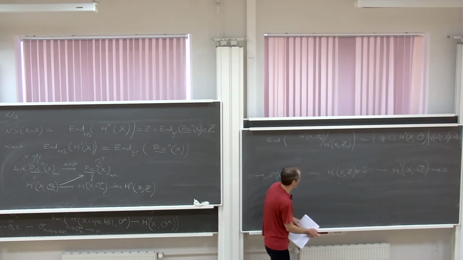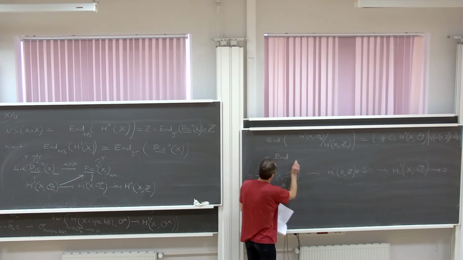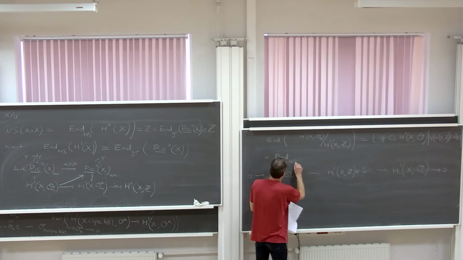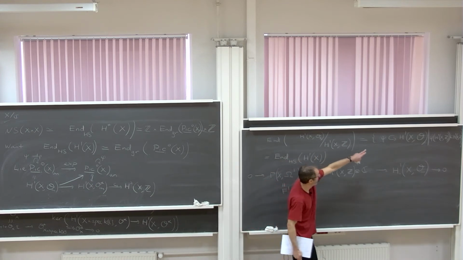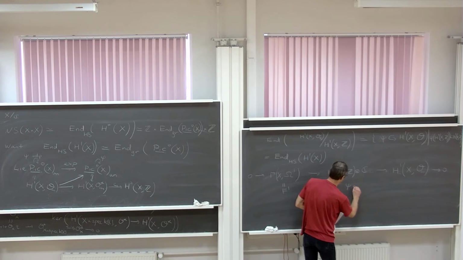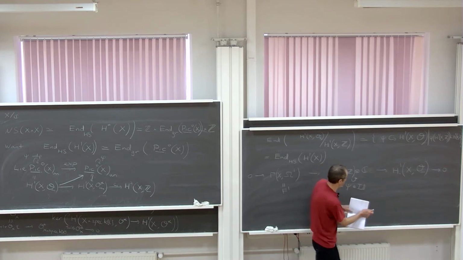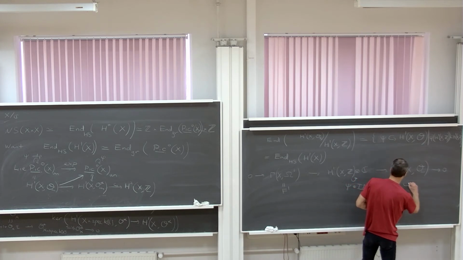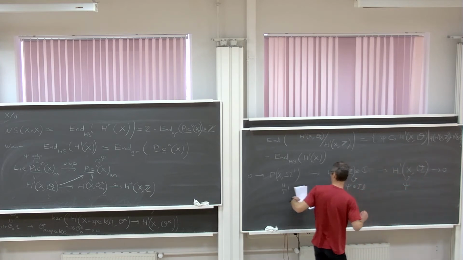Okay? Now I think it's clear that this is the same as an endomorphism of Hodge structures of H1. Again, once I have psi, I consider psi tensor identity, which acts here. This map descends to the quotient, and therefore it preserves F1.